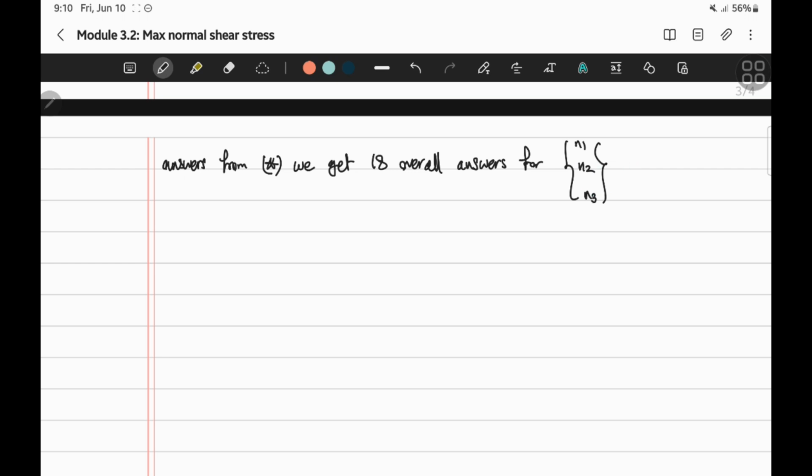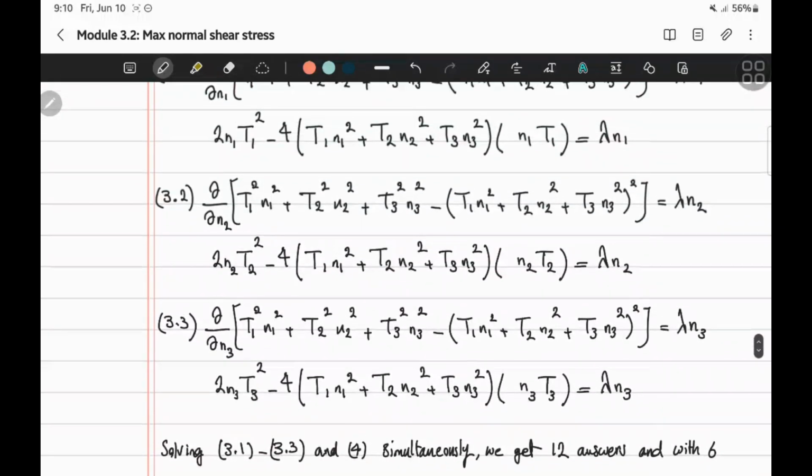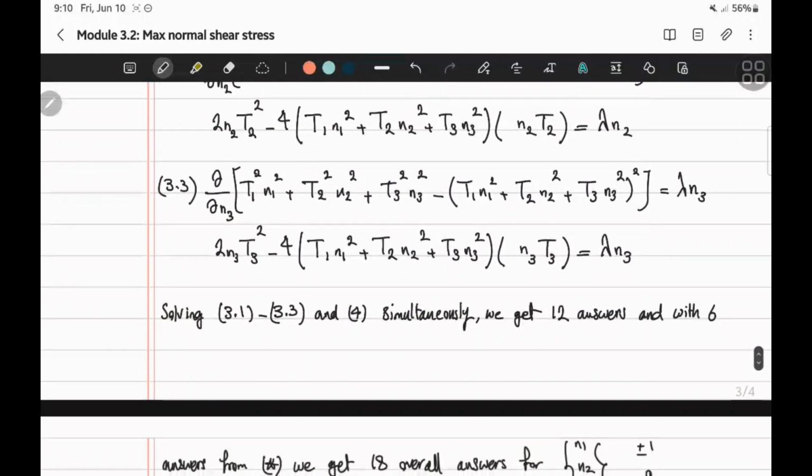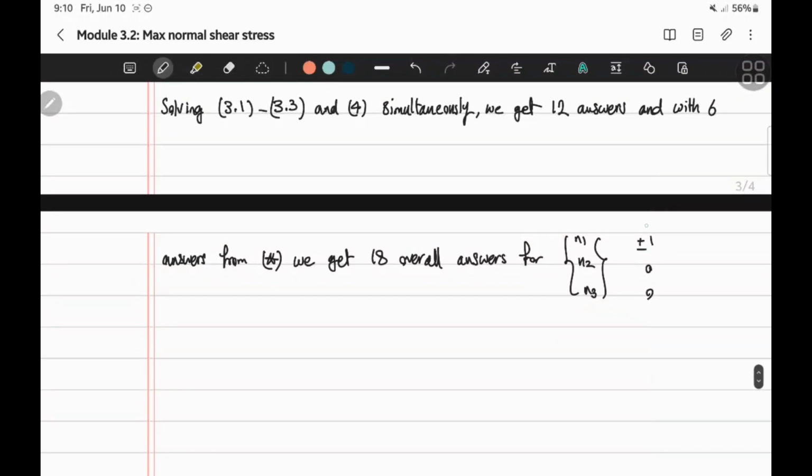But since I already mentioned that some of them, like plus minus 1, 0, 0, give one value, and this is repeating in equations 3.1 to 3.3 and 4, then they also refer to the same plane.